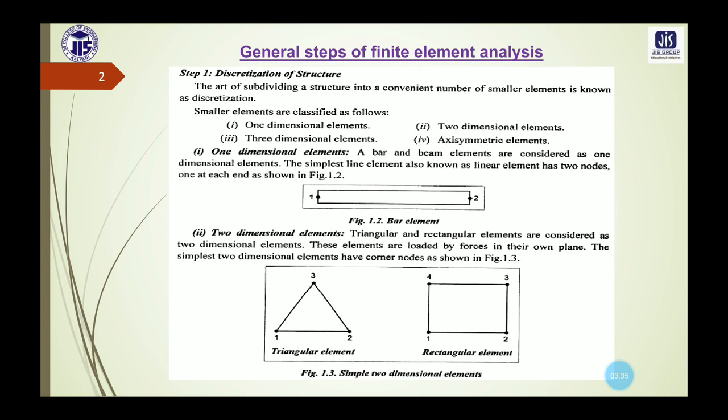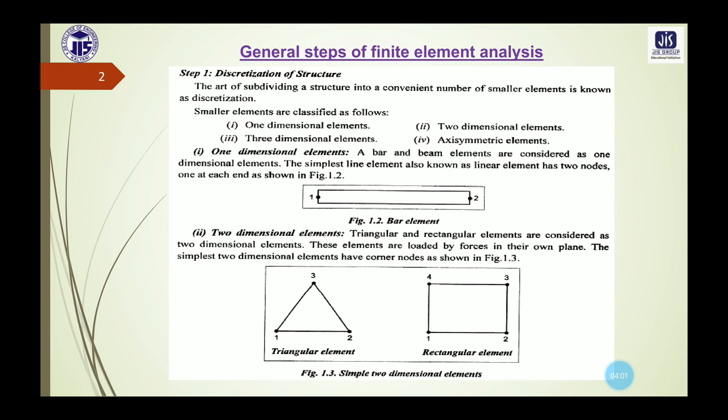Next, in the case of two-dimensional elements, the triangular and rectangular elements are considered two-dimensional elements. These elements are loaded by forces in their own plane. In diagram 1.3, the triangular and rectangular shapes are shown.